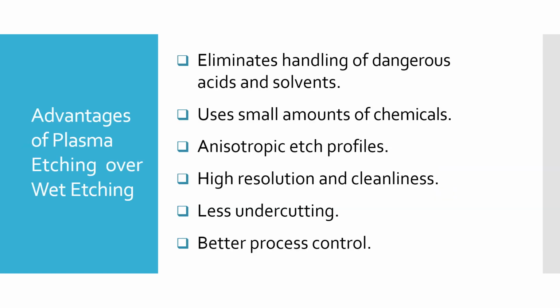The advantages of plasma etching over wet etching are that it eliminates the handling of dangerous acid and solvent, and uses a small amount of chemical. It can also produce an anisotropic etch profile, and high resolution and cleanliness compared to wet etching. So there will be less undercutting and better process control.